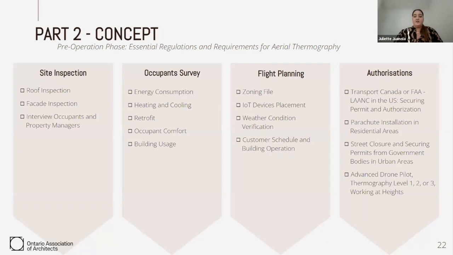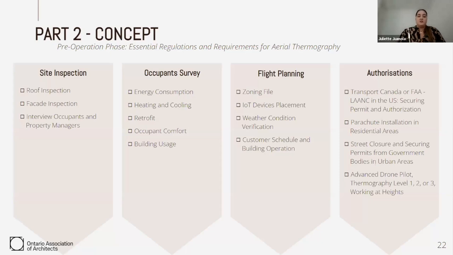I have to say that to have the ability to understand thermal images and to make proper readings, especially temperature readings, it is important to have IoT devices placed on the building and to monitor the outside temperature, humidity, and wind speed to calibrate the data. So these IoT devices can really be important.